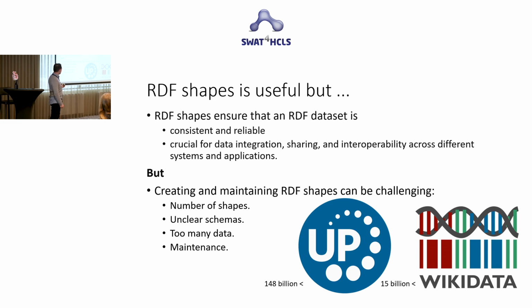Also, in the life science domain, there are many triples in each dataset. For example, UniProt has more than 148 billion triples, and Wikidata has more than 15 billion triples. So it's very difficult to maintain, and these datasets are updated periodically, so the shapes also have to be kept updated. It's a challenging task.